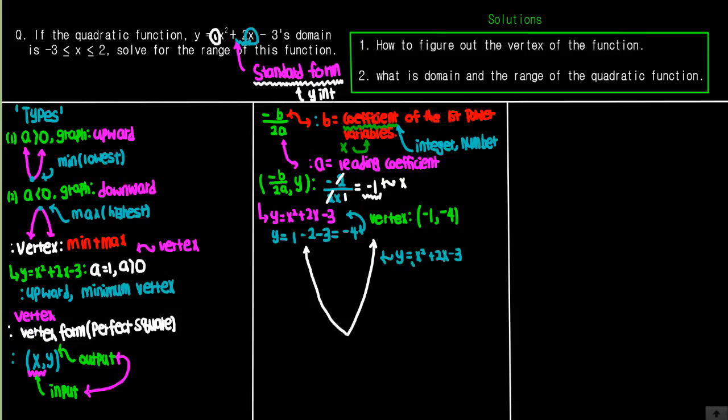Since our leading coefficient is positive, it opens upward. And for our vertex, which is our minimum point, the coordinate of this vertex is -1, comma, -4.